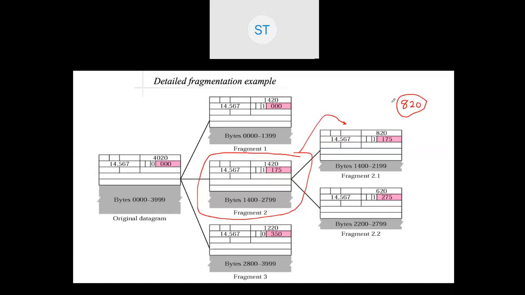Now the change is, this is the first fragment, so offset remains of the original datagram. What beautiful thing you can see here is, what must be the MF of this?